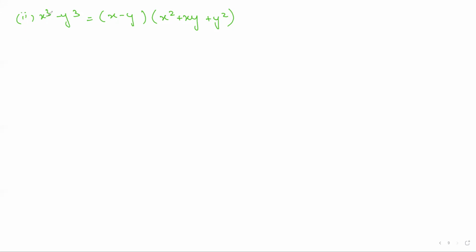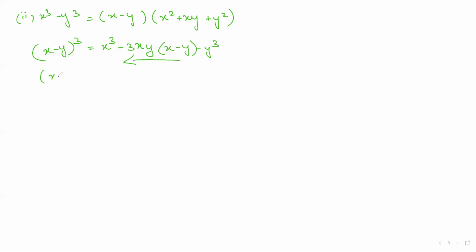Now, we know the identity of (x minus y) whole cube, because your LHS, x cube minus y cube, are two terms from the right hand side of this identity. (x minus y) whole cube can be written as x cube minus 3xy (x minus y) minus y cube. So we'll take this term to the left hand side because we need x cube minus y cube on one side.